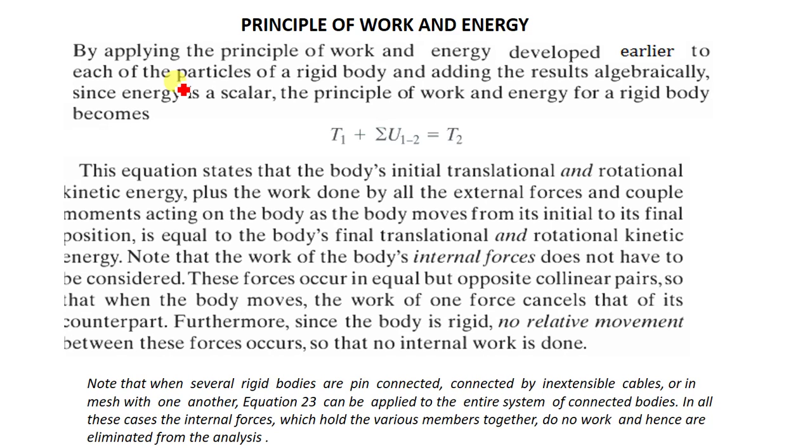So the work of internal forces, remember what I explained in the first lecture, we do not count them when you are finding the summation of forces. Why? Because they are equal and opposite collinear pairs, meaning they cancel each other, so that when the body moves, the work of one force cancels that of its counterpart.